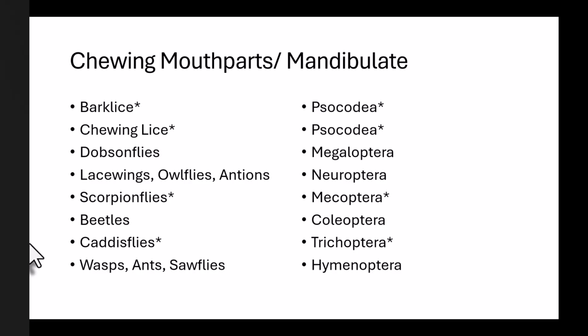The order Psocodea is funny because some of them have piercing sucking mouthparts. Dobsonflies, Megaloptera, lacewings, owlflies, antlions in Neuroptera, also snakeflies and mantispids, and scorpionflies in the order Mecoptera. All of the beetles, Coleoptera, caddisflies, Trichoptera, and wasps, ants, and sawflies, Hymenoptera, have chewing mouthparts.